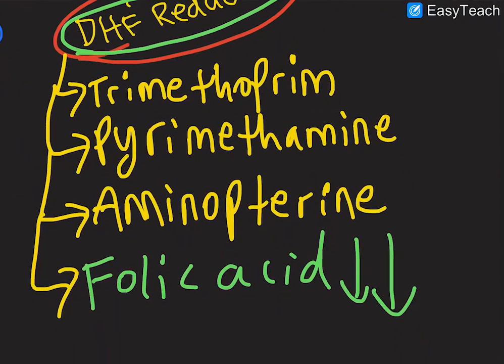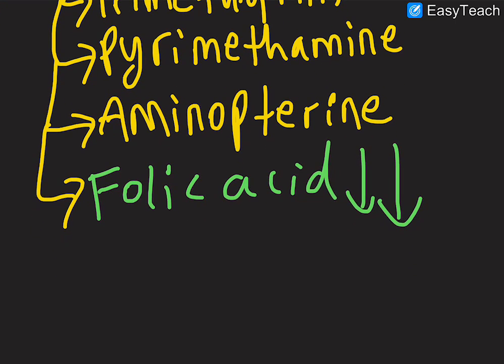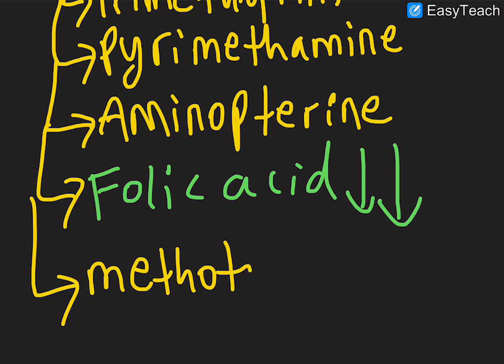Okay, so far we have trimethoprim, pyrimethamine, aminopterin, and folic acid deficiency can inhibit dihydrofolate reductase. And the last one that we should know is methotrexate. Okay, so there's a bunch of drugs that inhibit this enzyme.